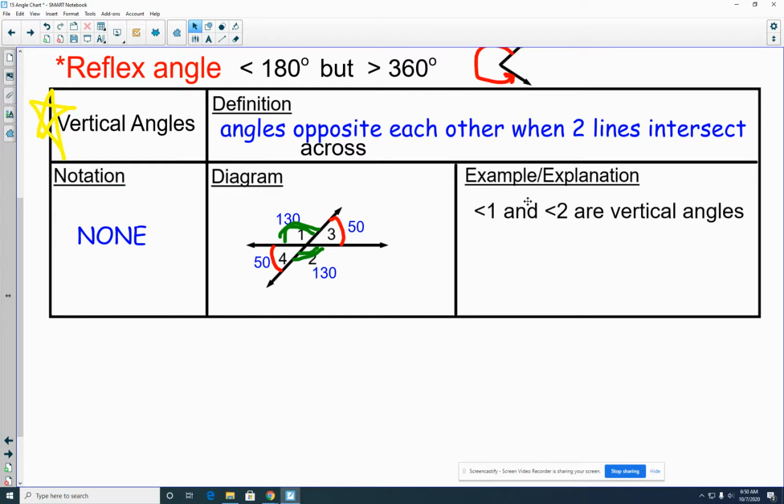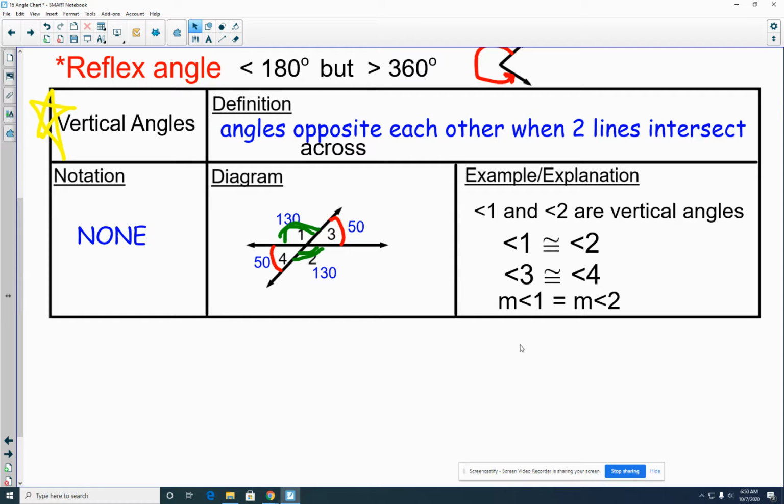Okay. So first, what do we know? Well, hey, we said 1 and 2 are vertical angles. 3 and 4 are also vertical angles, right? So since they're vertical angles, they're immediately then congruent. I know that vertical angles must be congruent, therefore they have to be equal in measure. So not only are 1 and 2 congruent, 3 and 4 are congruent, because 1 and 2 are vertical angles, as are 3 and 4.